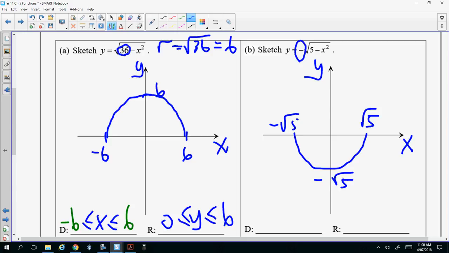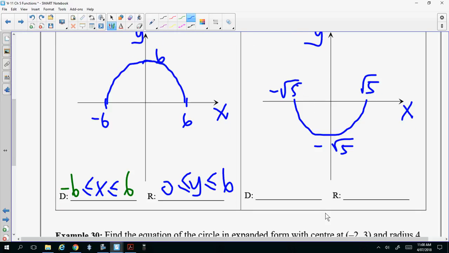Should be pretty straightforward. Let me ask Nat, what's the domain? Yep, for the second one. And so not bigger than root 5, because bigger than root 5 means over here, right?